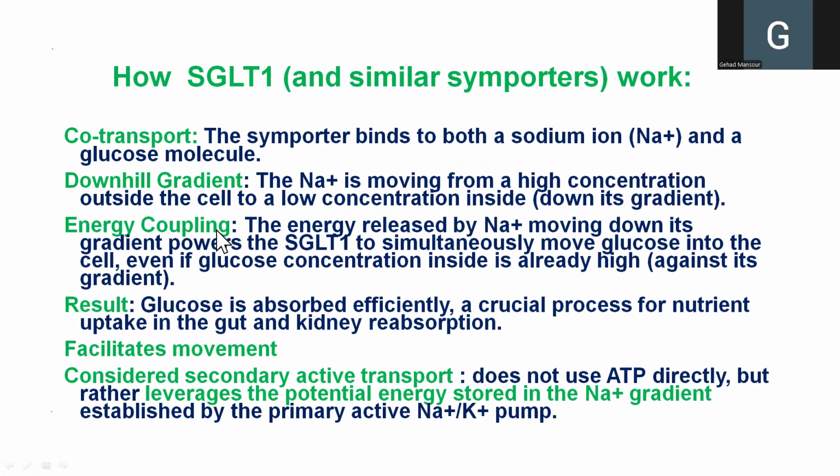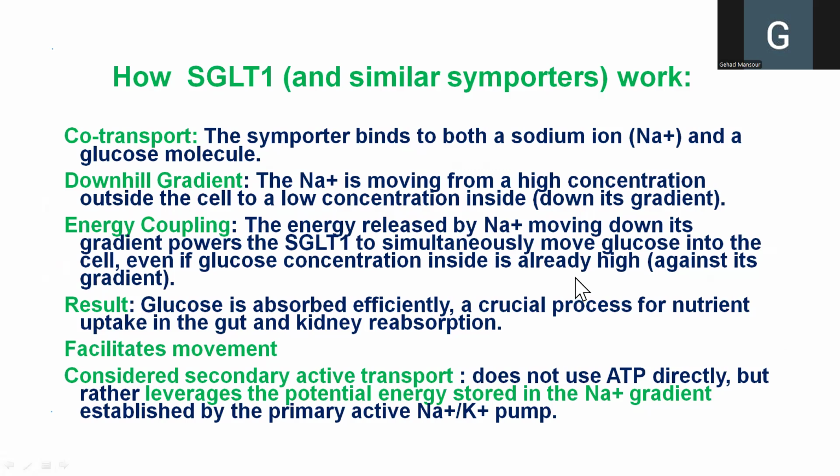So we couple this release of energy from sodium to the pumping of energy into glucose to pass across the cell membrane against concentration gradient. So the energy released by the sodium ions moving down their concentration gradient will empower the SGLT1, the carrier, to simultaneously move glucose into the cell, even if glucose concentration inside the cell is already high.